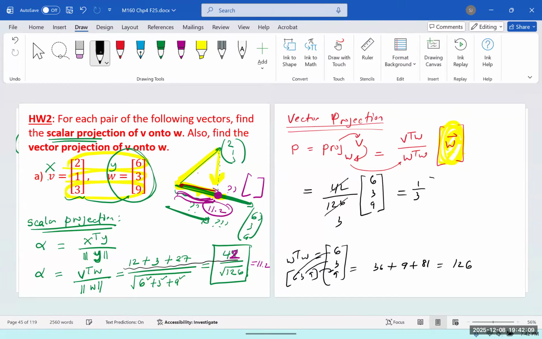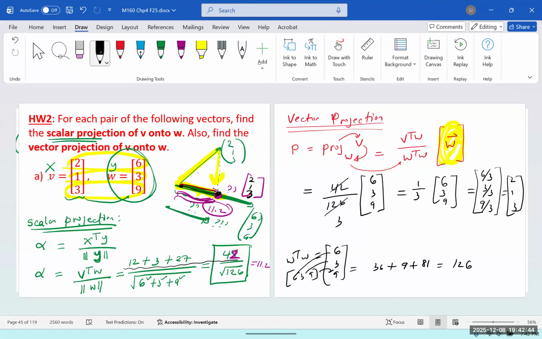So it's one third of 6, 3, 9, which is 6/3, 3/3, 9/3. So we get the vector 2, 1, 3. It means from 0, 0 to here, the location is 2, 1, 3. So you're going 2 units in x, 1 unit in y, and 3 units in z.